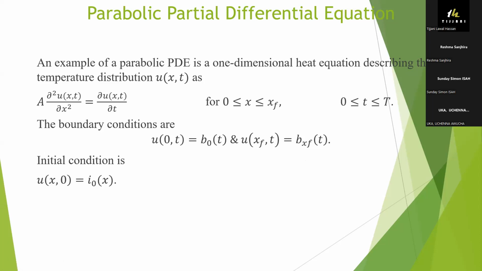For this, I will construct a numerical scheme using a MATLAB program. For constructing the MATLAB program, what will be the possibility? We replace the second order derivative using the central difference approximation, and for del u by del t, which is the first derivative, we have two options.